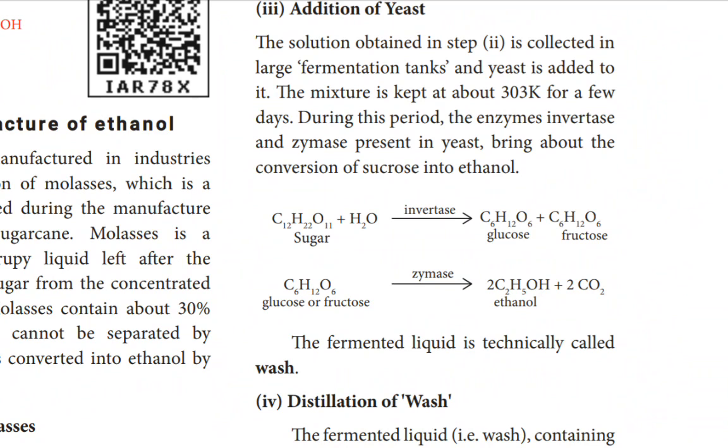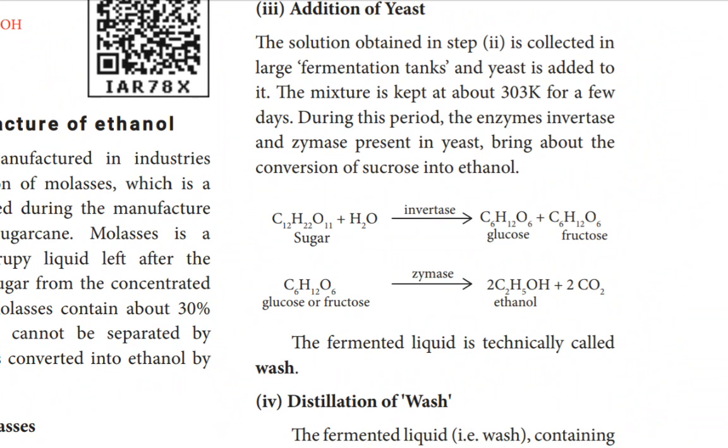So formula C2H5OH. 2 moles of ethanol and 2 moles of carbon dioxide are formed. So in the addition of yeast, the two enzymes act: invertase converts sugar molasses into glucose and fructose, and zymase converts glucose or fructose into ethanol and carbon dioxide. These are the two chemical reactions that take place in the fermentation tanks when the temperature is about 303 Kelvin.